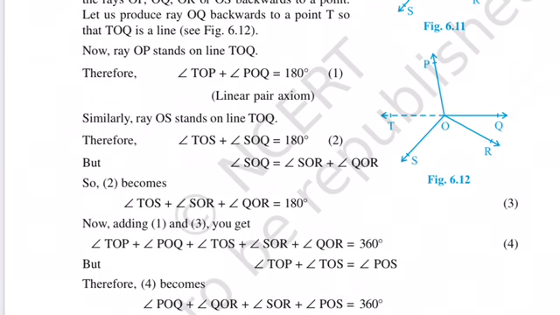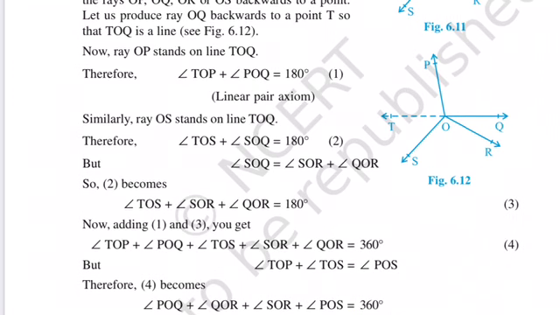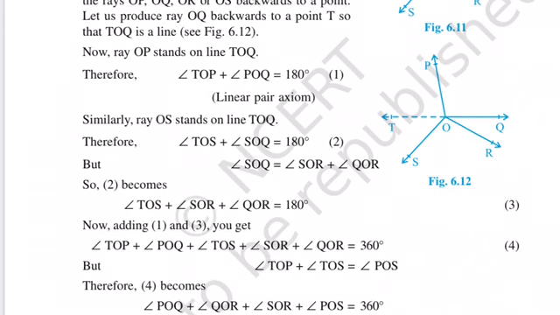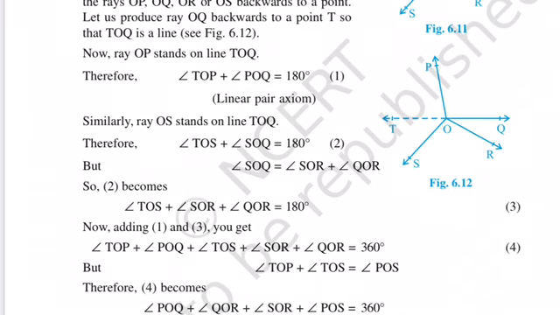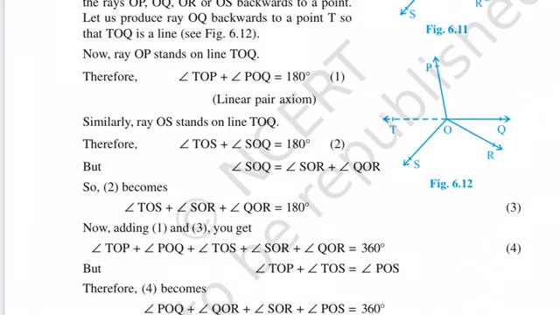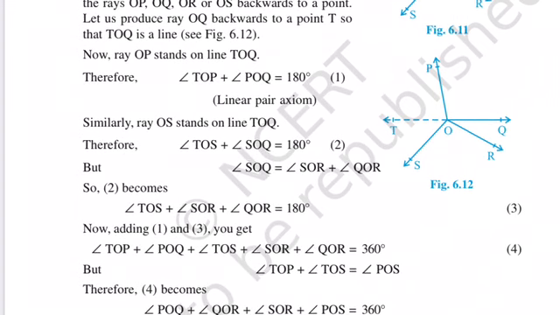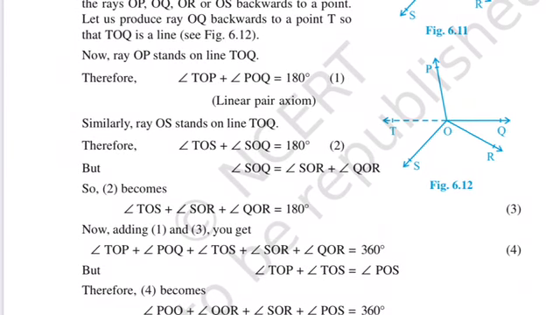You can also write one statement when we prove the question, when we have to solve questions. This is a very clear-cut statement: sum of all angles around a point, the sum of all the angles formed around any point, is 360. Just as we already know that the sum of all angles on a line is 180 degrees, similarly the sum of all angles around a point is 360 degrees.